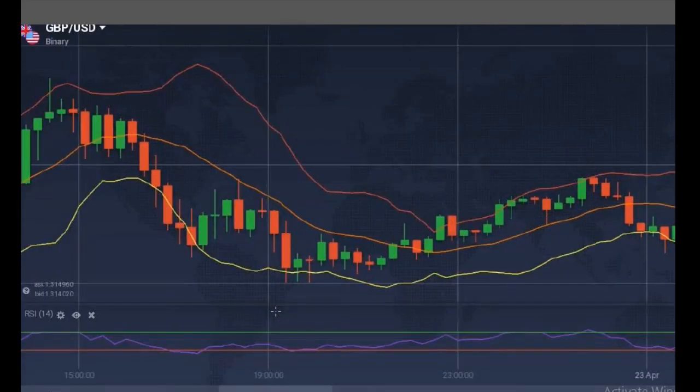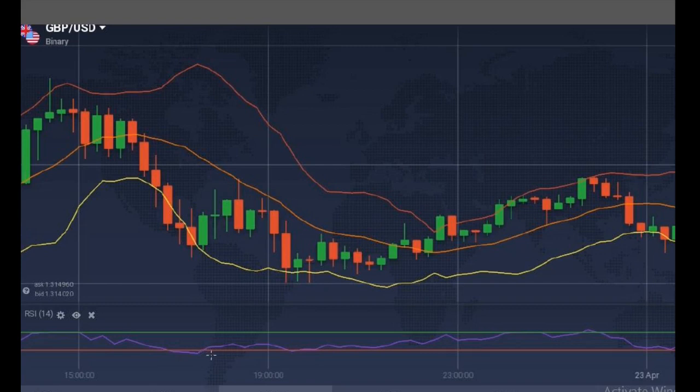Great British Pound USD. You can see the price closed out of the band, and there's clear, strong bearish momentum. After the bearish momentum, price also closed below the RSI 30 oversold level.